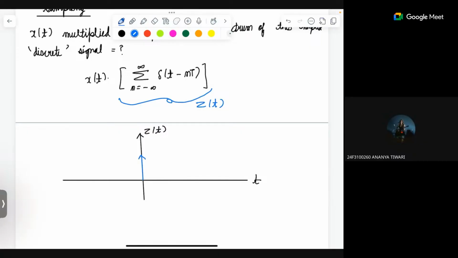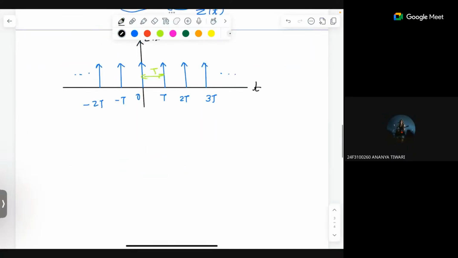When n is equal to 0, I have 1 at t equal to 0, then capital T, 2 capital T, 3 capital T, and so on. And similarly on the negative side. So 0, T, 2T, 3T, minus 2T. This gap you see over here, this is capital T.